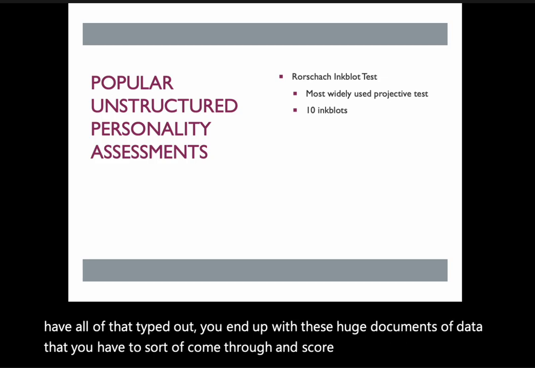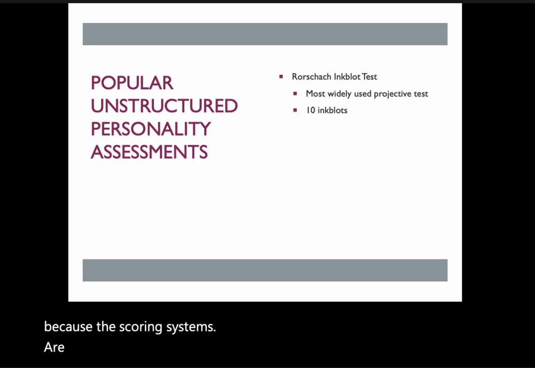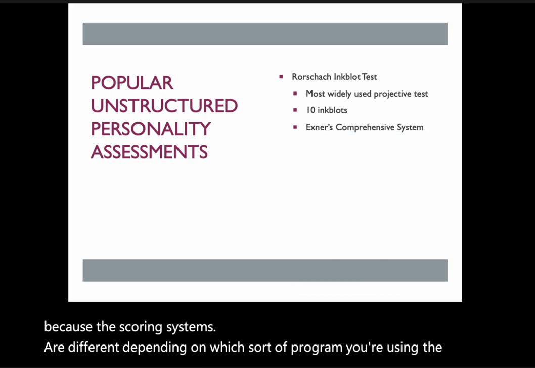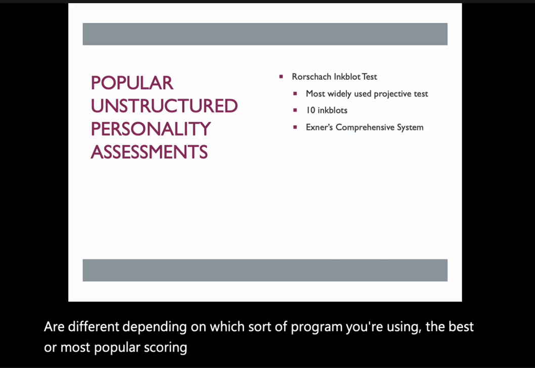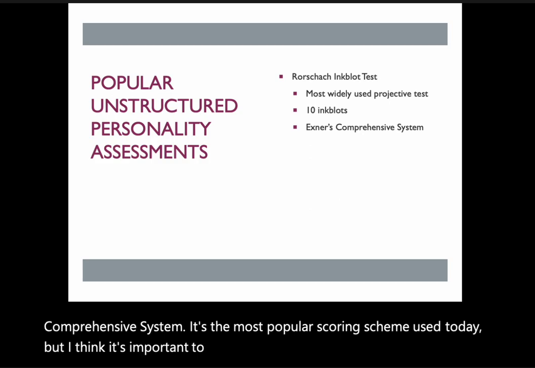And it's really difficult because the scoring systems are different depending on which sort of program you're using. The best or most popular scoring system for the Rorschach is the Exner's comprehensive system. It's the most popular scoring scheme used today, but I think it's important to recognize that it costs money not only to get access to the Rorschach testing materials.